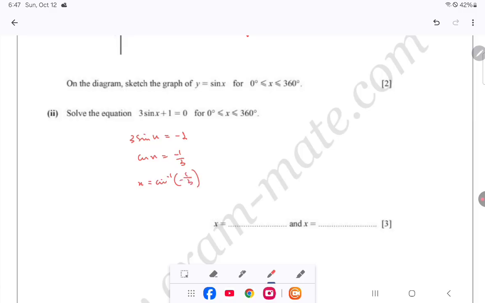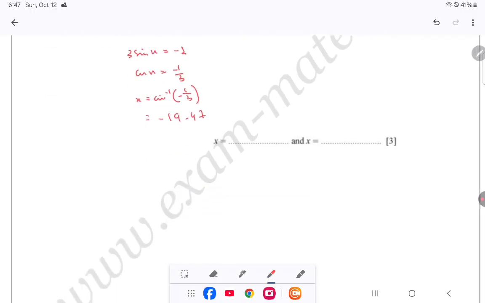And we will be left with the value of sine inverse negative 1 over 3, which is 19.47. For the second angle, we have to add 180 to it.